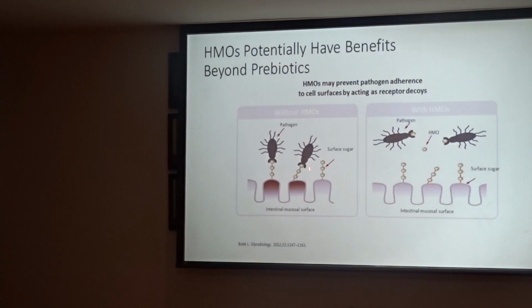And here the HMO prevents pathogen adherence to the cell surface by acting as a receptor decoy. Decoy means it will be on the mucosal surface, and the pathogen catches it as a receptor, but it is not the real receptor, so it avoids internalization or entering the mucosal cells.